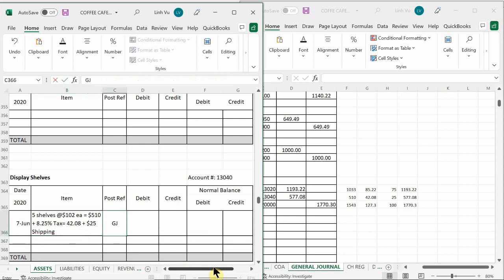General Journal number 2, and this time it was $577.08.